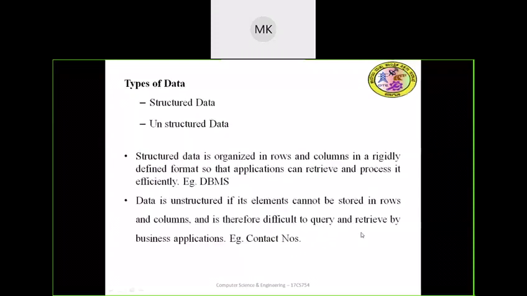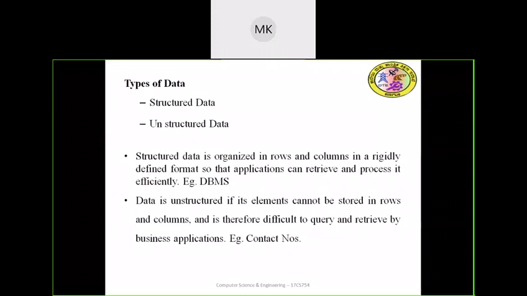Next, types of data. There are two types of data available: structured data and unstructured data. Structured data is organized in rows and columns in a readily defined format so that the application can retrieve and process it efficiently, for example a DBMS.